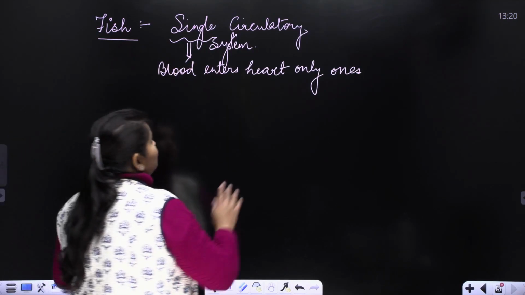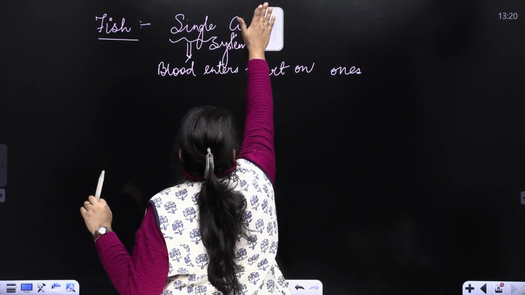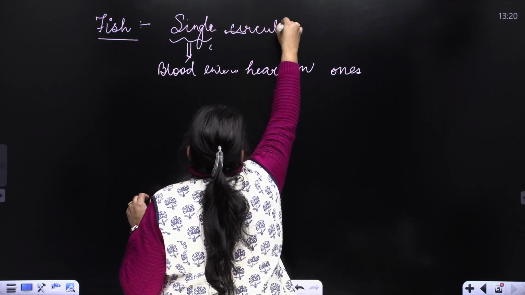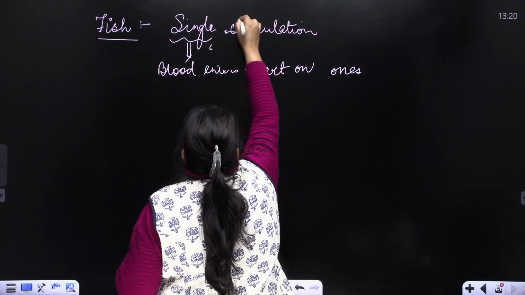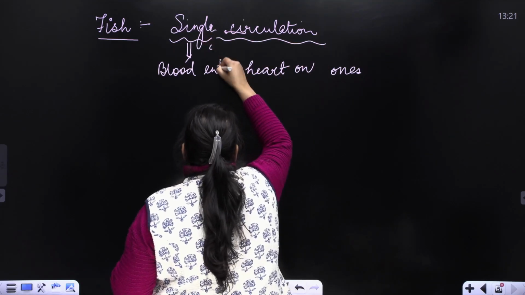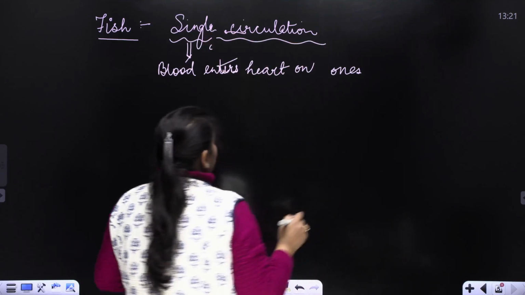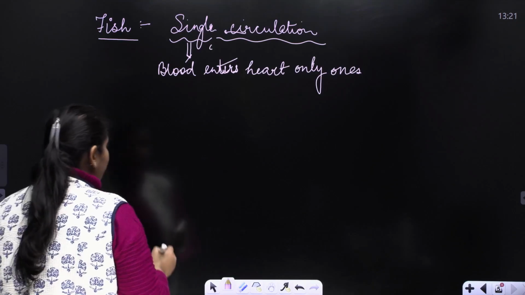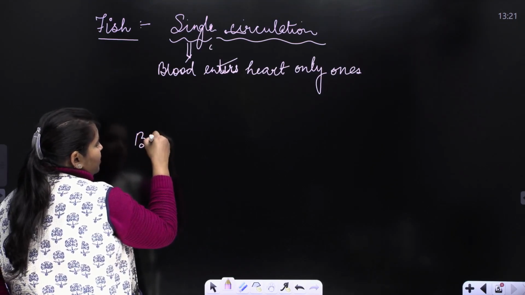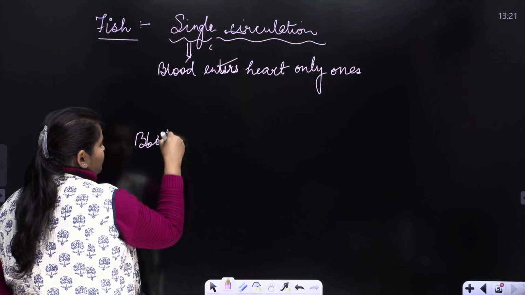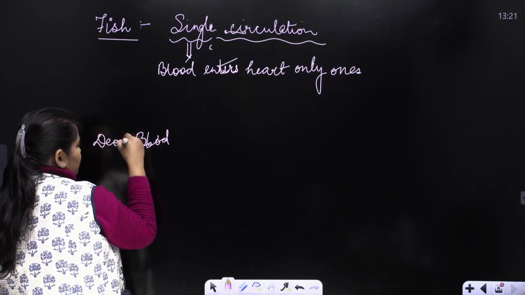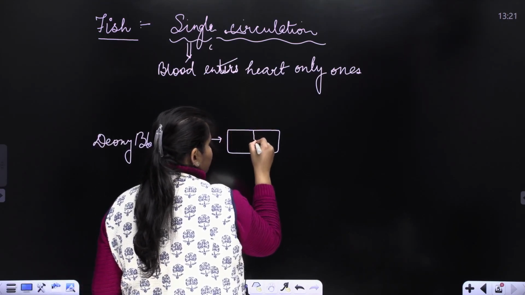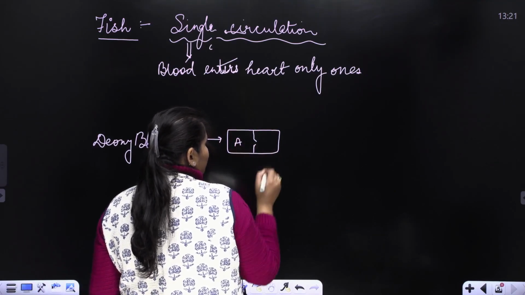All right. So here I would write single circulation. That is a better word. So blood will enter here only once in the cycle. How? The deoxygenated blood is collected in the heart, the auricle.